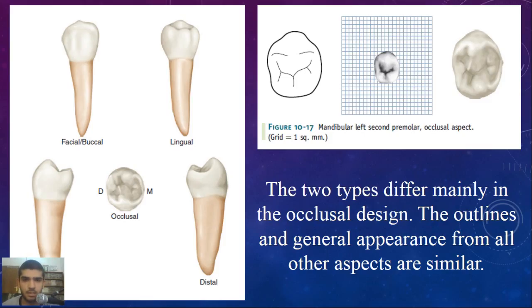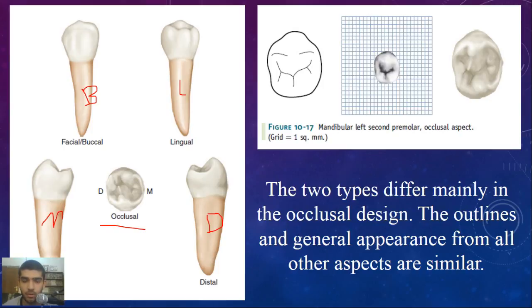As you can see, these pictures demonstrate the mandibular second premolar from all aspects. This is the buccal aspect, this is the lingual, and this is the mesial, distal, and finally the occlusal. We have a note that the two types differ.